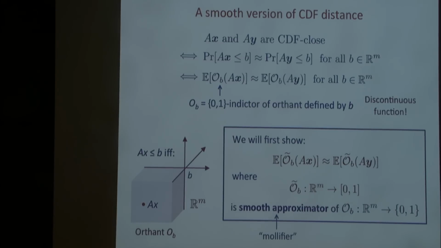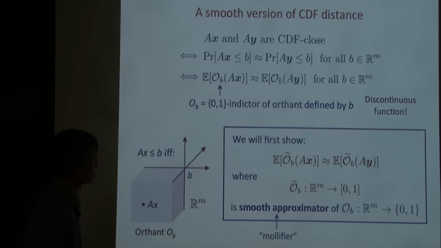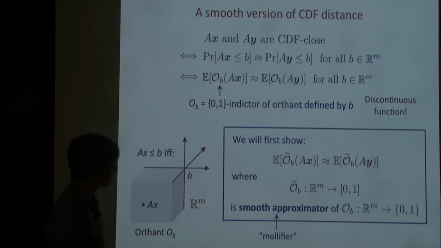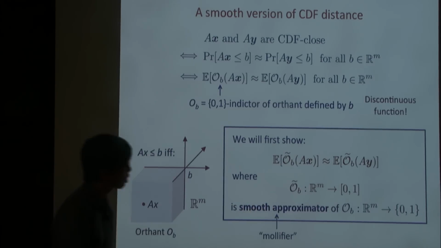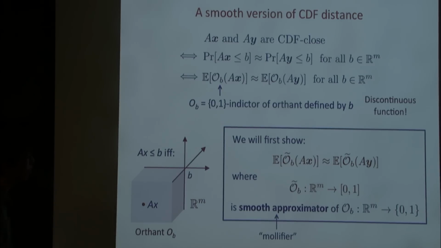So the smooth version that we'll work with is a smoothed out version of this orthant. It is now not a 0, 1 valued function, but it maps to the range 0 to 1, which I'm going to call O tilde. So the first thing I'm going to do is fool this O tilde, the smooth approximator, and then I'll show how to go from the smooth version to the actual version, which is where, intuitively, anti-concentration type things come in, trying to say that the smooth version is a good proxy for the hard version.